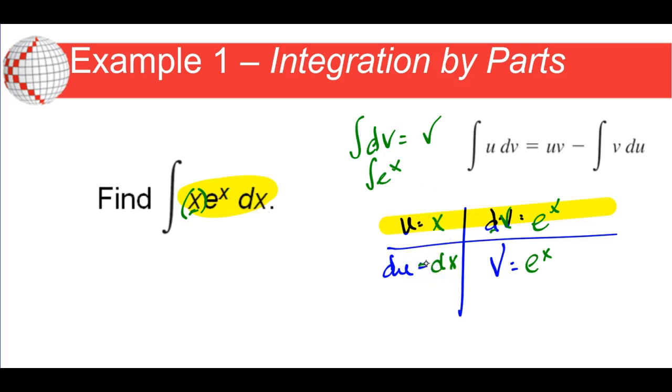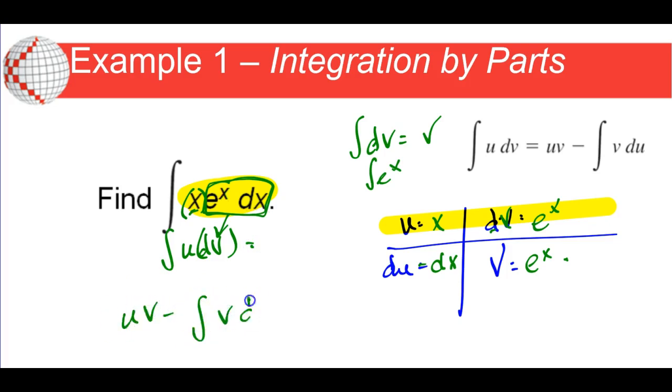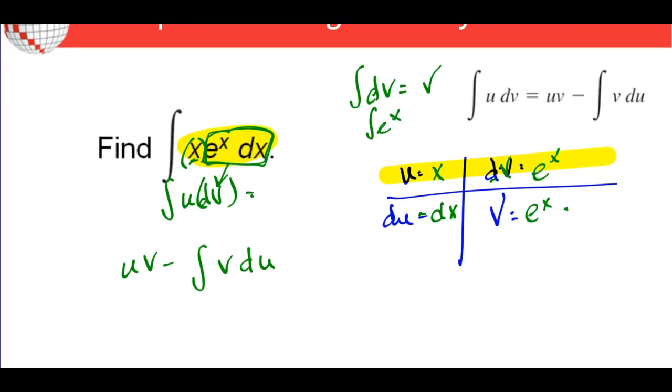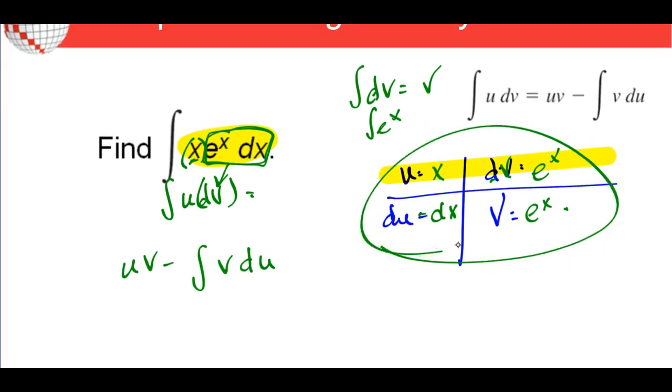Yeah, that's 1 dx. So I'm going to use my rule, which is the integral of u dv, and we've let all of this be my dv, e to the x dx, and then we are going to say that's equal to uv minus the integral of v du, and I'm simply going to plug in everything from my chart that I found.